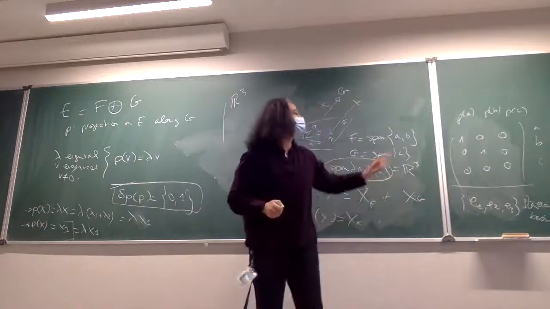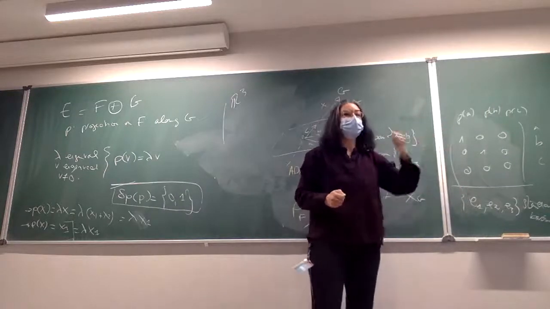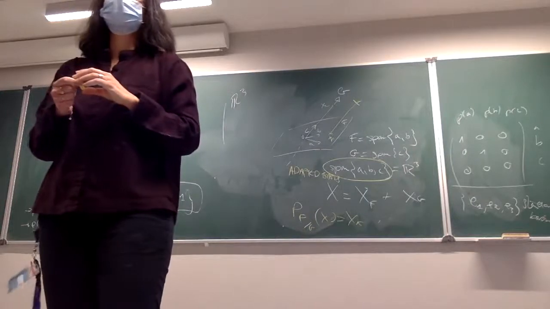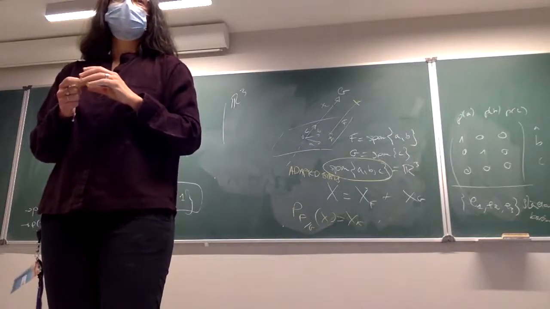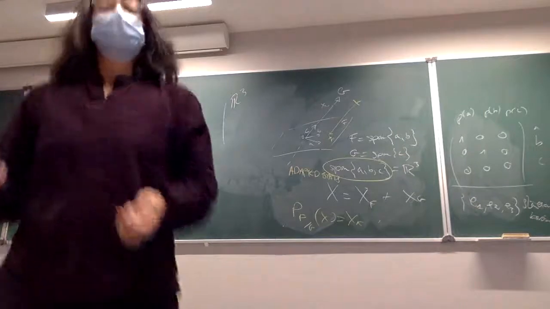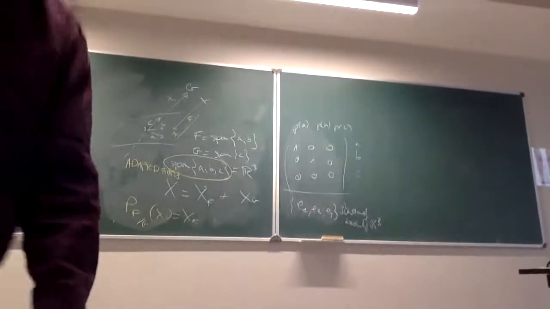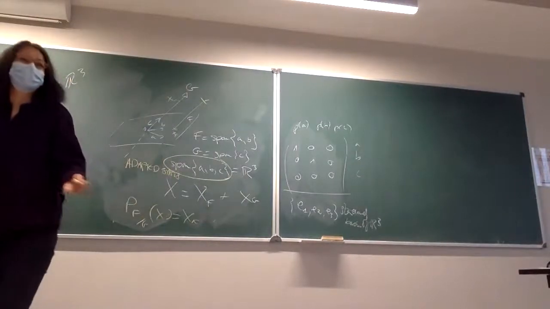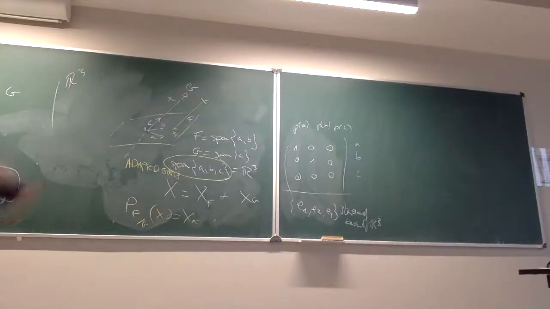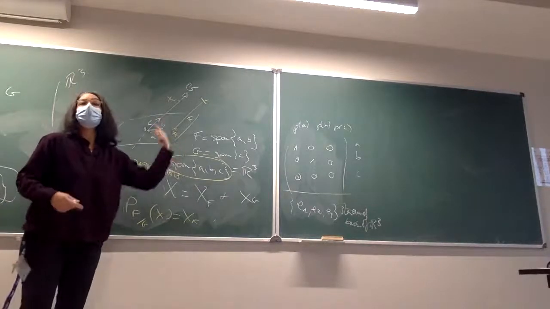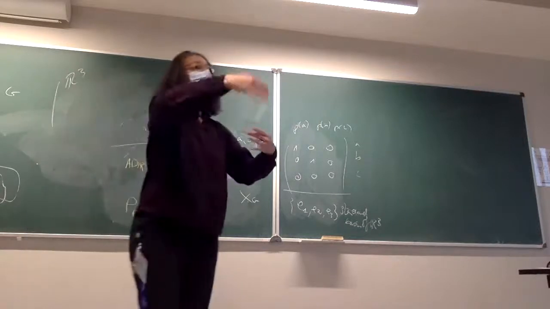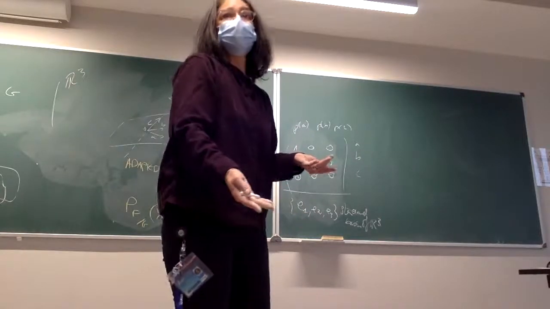What should I do in order to get the matrix of this map in the standard basis? That's the thing I wrote the correction of. You have to make a change of basis: to go from standard to adapted, apply your transformation in the adapted basis, and then go back from adapted to standard. That's the idea.